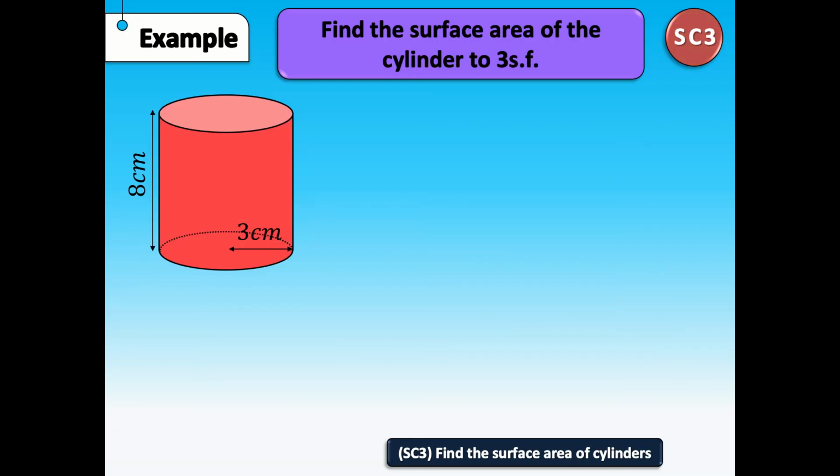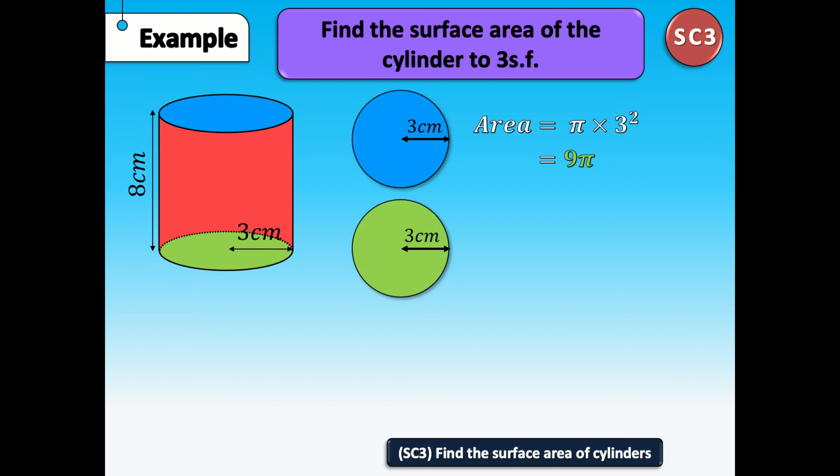So we want to work out the surface area of this cylinder to 3 significant figures. So we start by working out the area of the circle on top. So that's 9 pi. We're just going to keep all our answers in pi for now to make our answer more accurate. Find the area of the bottom circle as well, which is also going to be 9 pi.